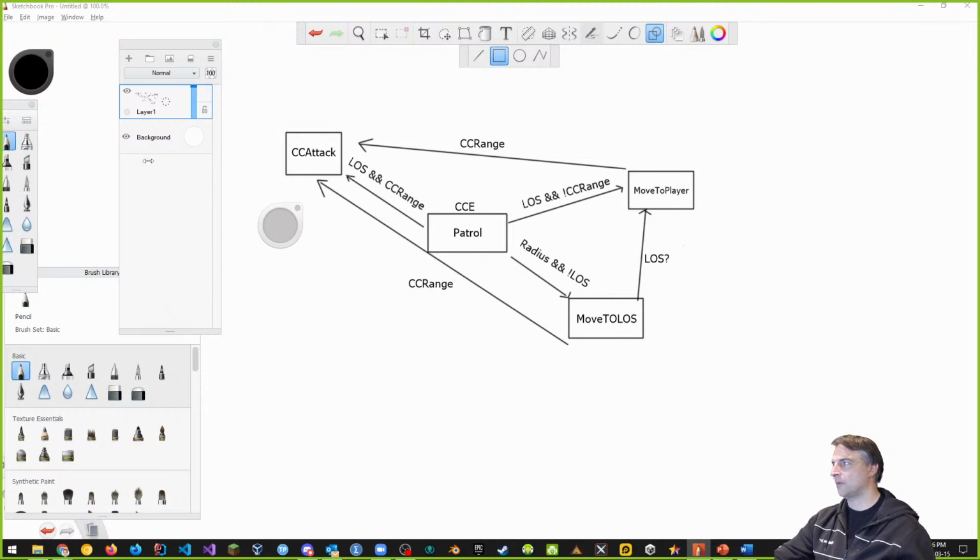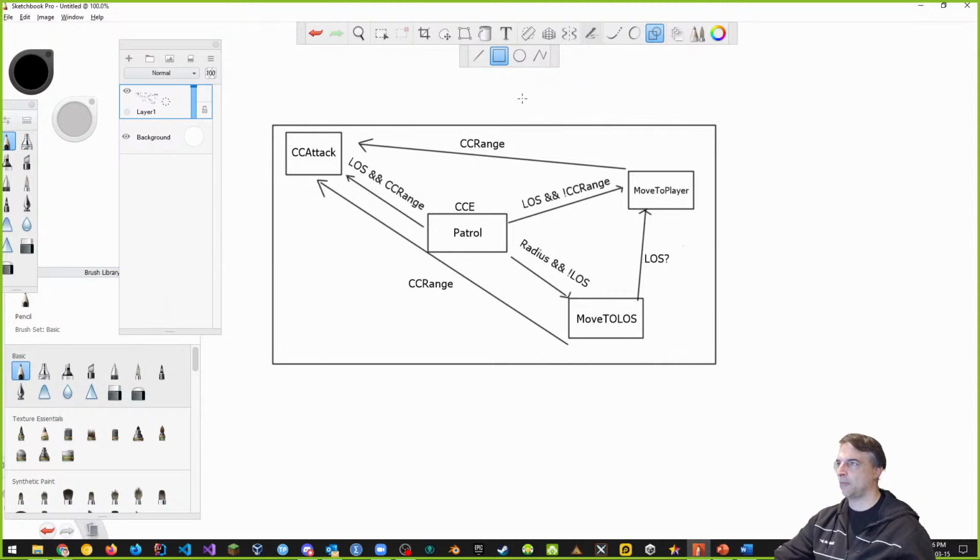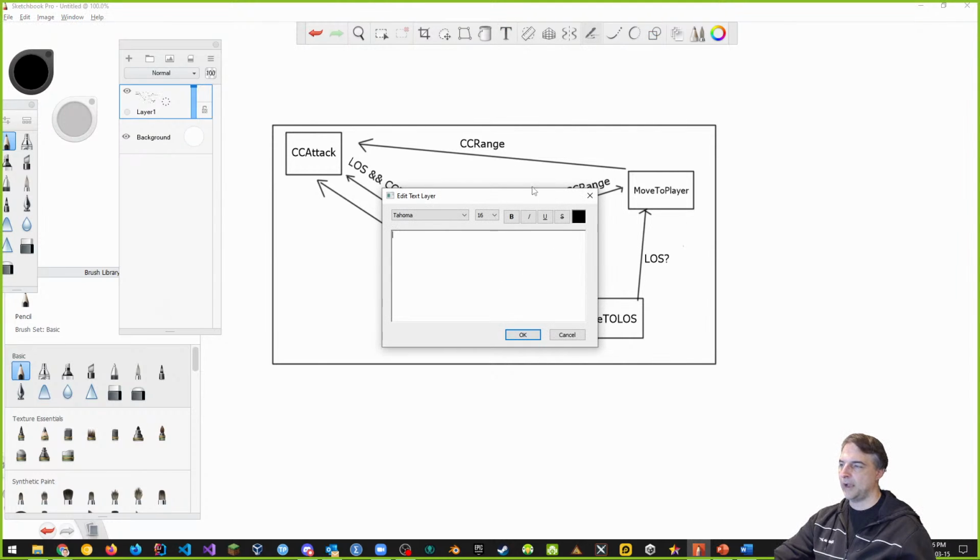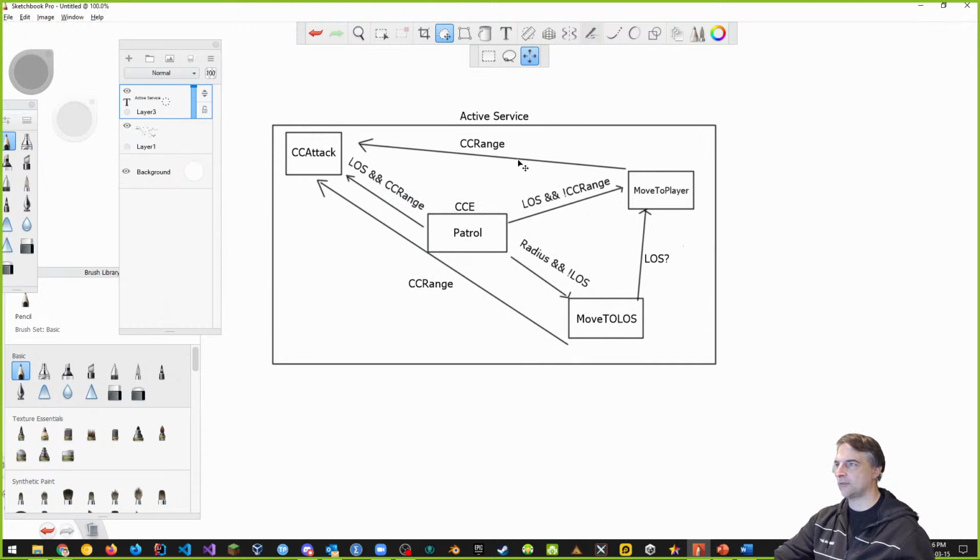Let's actually draw it. We'll move this over here. Okay, so let's say this is the state, and this will be in some kind of active state. So they're in action, or in active service. That's what the close combat enemy is like, in active service.